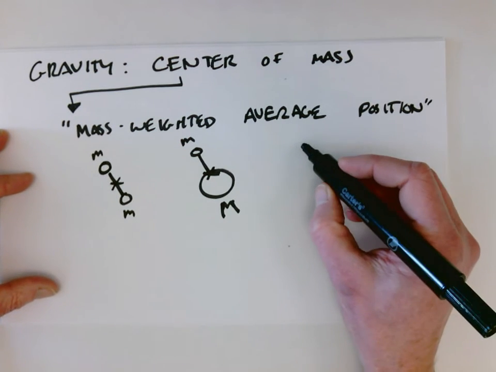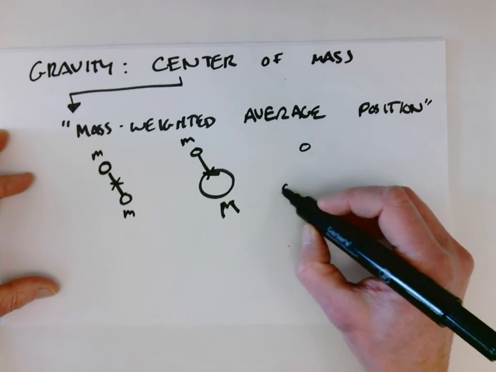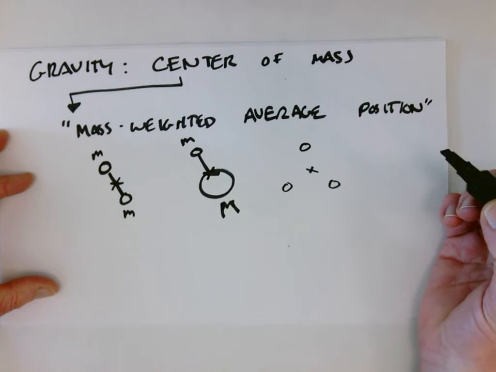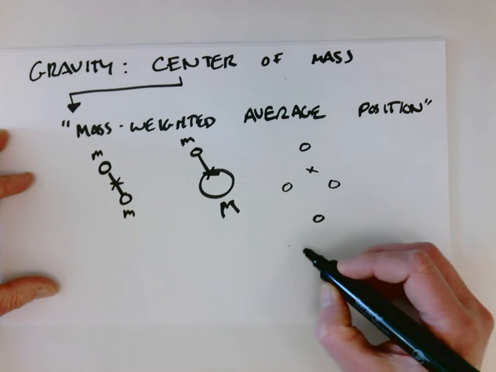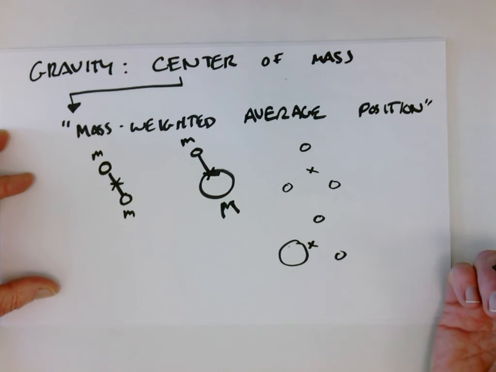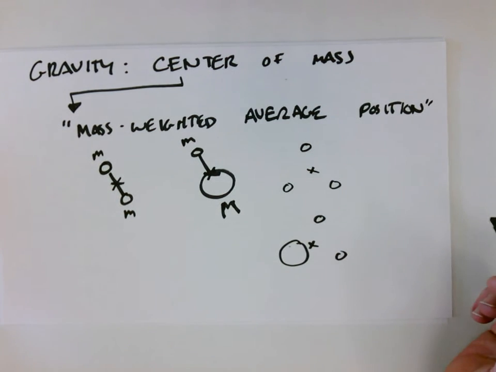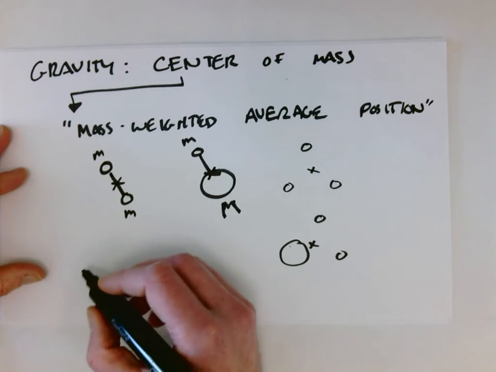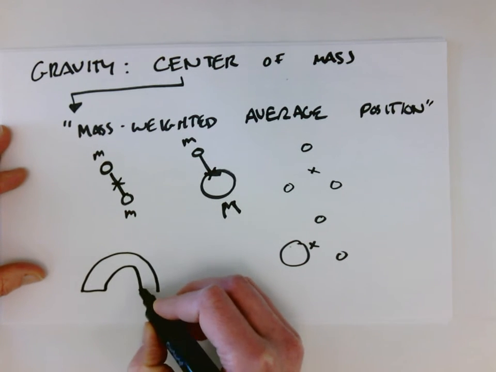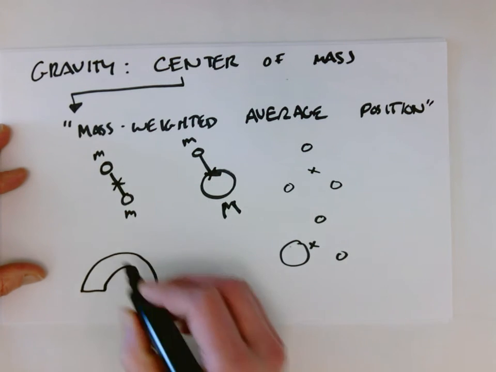Or conceptually, if I have a system that consists of 3 particles that are all the same size, distributed like that, my center of mass will be someplace in the middle. If I have 3 particles and one of them is much bigger than the other 2, my center of mass will be located closer to the bigger one. That's conceptually the idea of center of mass. And one of the things you ought to be able to do is look at some object shaped like this and ask, where is the center of mass?